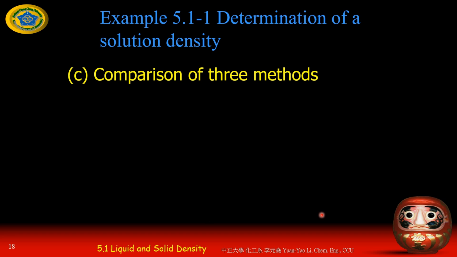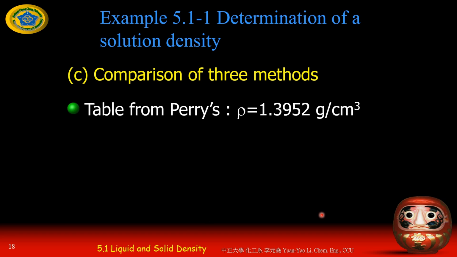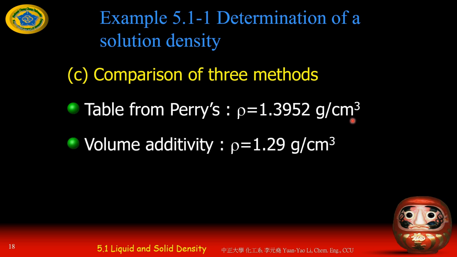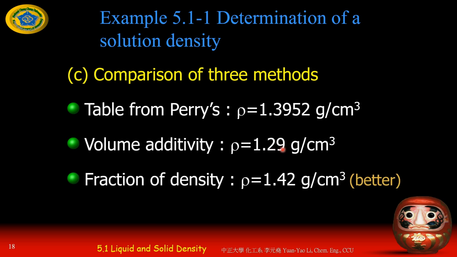So, comparison of these three methods. First, look at the Chemical Engineers' Handbook: density is 1.39. Using equation number 1, density is 1.29. Equation number 2, density is 1.42. Which one is closer to this? Because the handbook tells you the answer which is close to the true value, right?